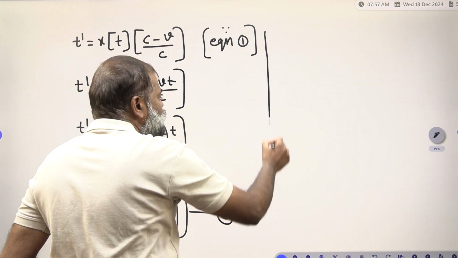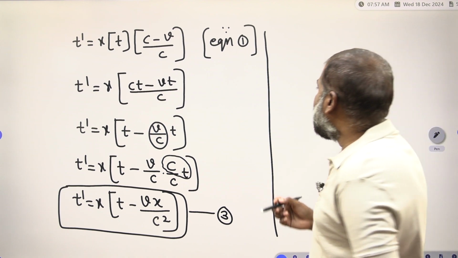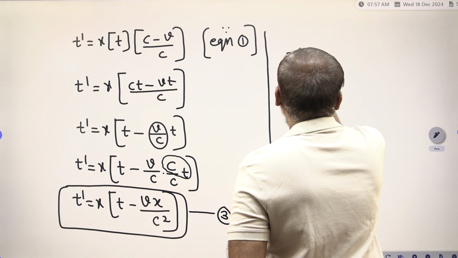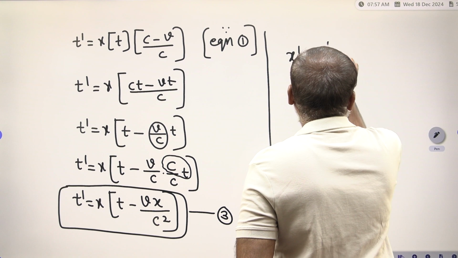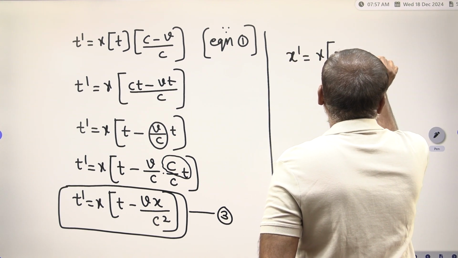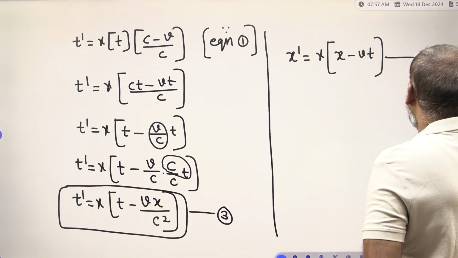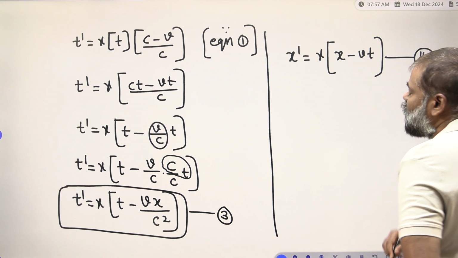Now, x dash is equal to gamma into x minus vt. This is equation number 4.